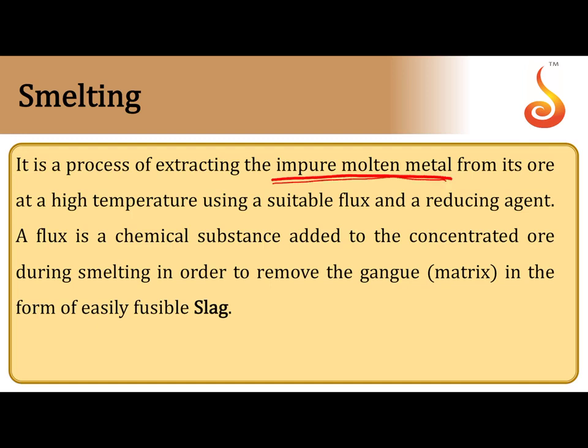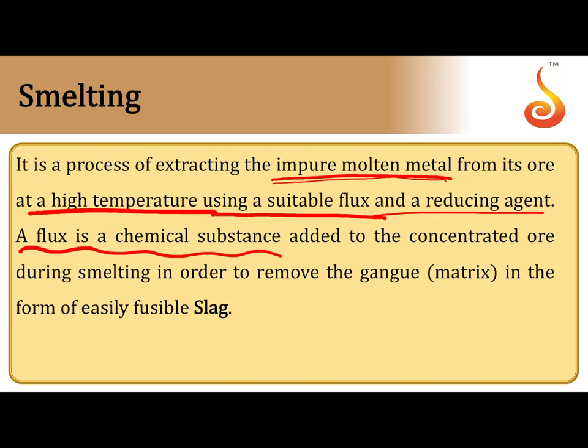In this method, metal is extracted in molten state from its ore at high temperature using a suitable flux and a reducing agent. A flux is a chemical substance added to the concentrated ore during smelting in order to remove the gangue. Gangue is the impurity present in the ore, also called matrix.